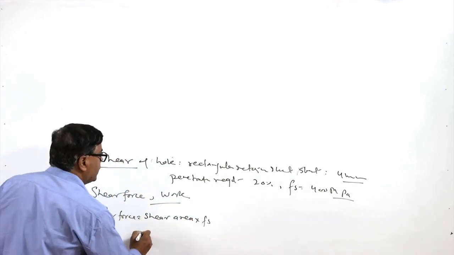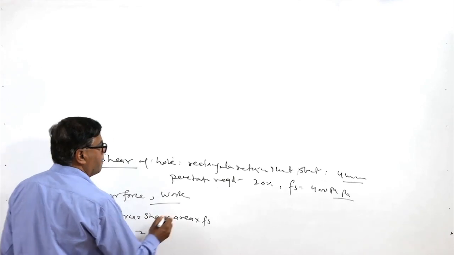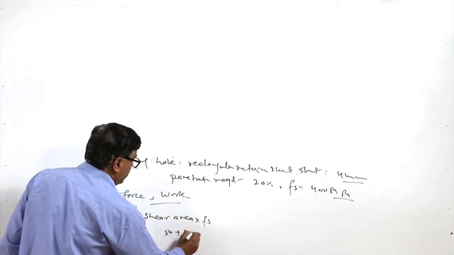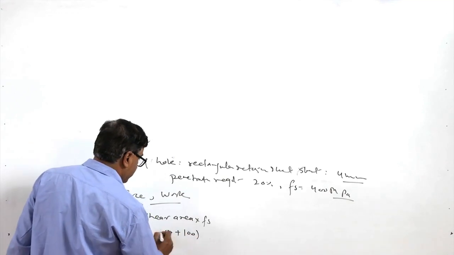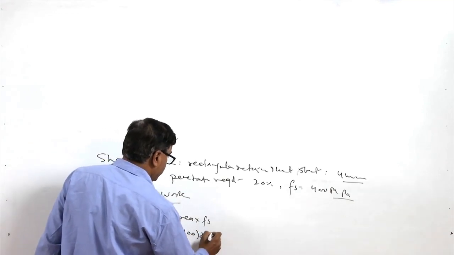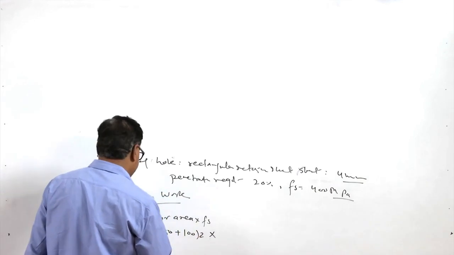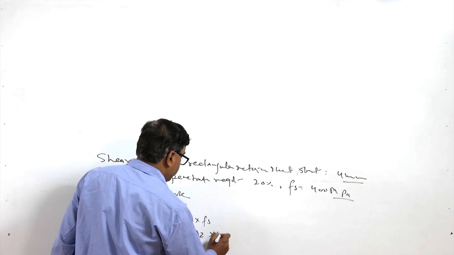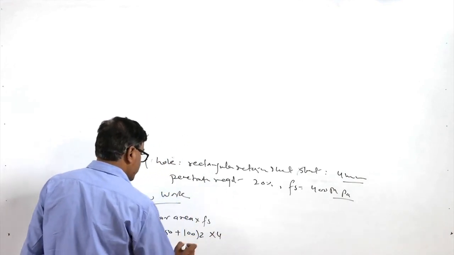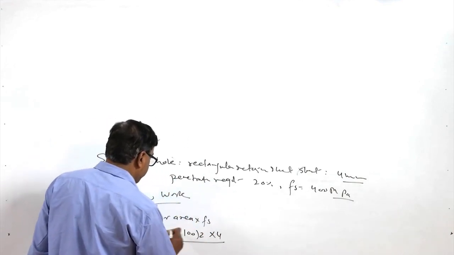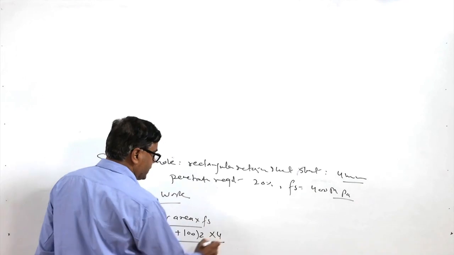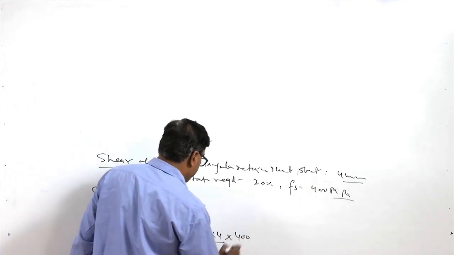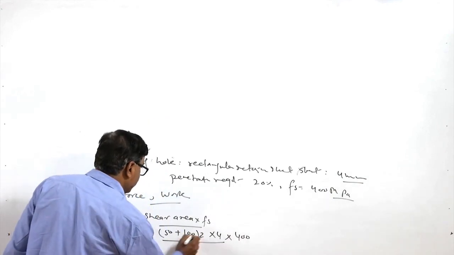Shear area here is 50 plus 100, multiplied by 2, which is the perimeter of the cut, and then multiplied by the sheet thickness. This is multiplied by the shear strength, say 400 MPa.